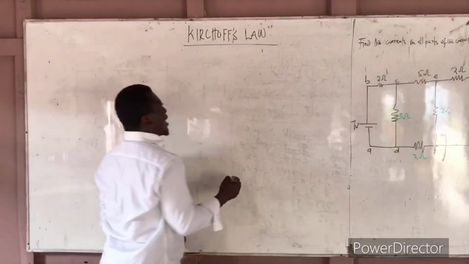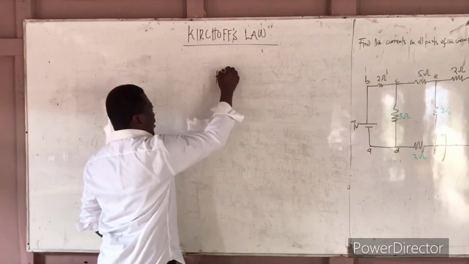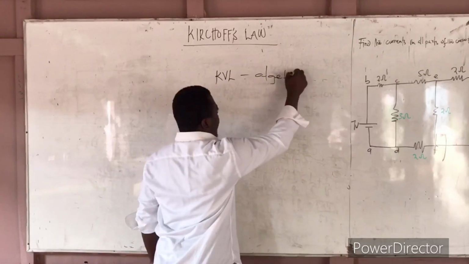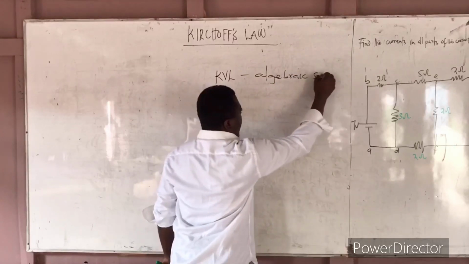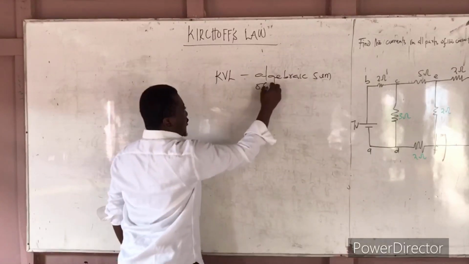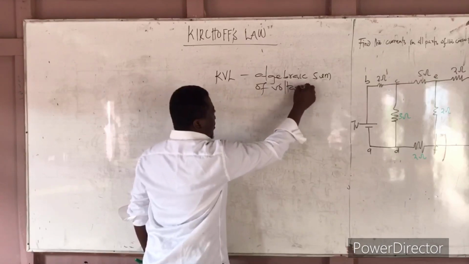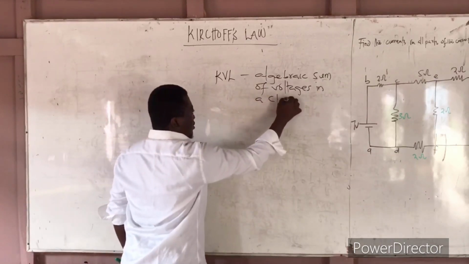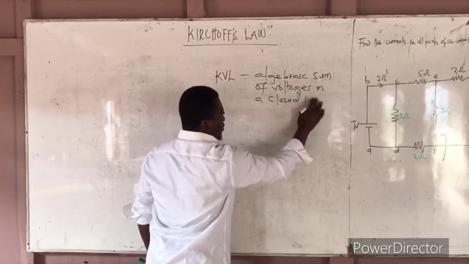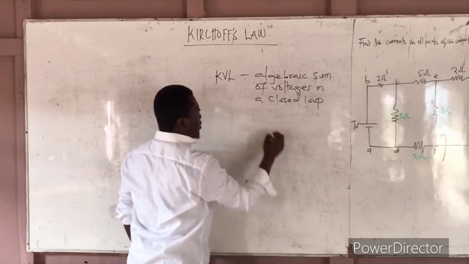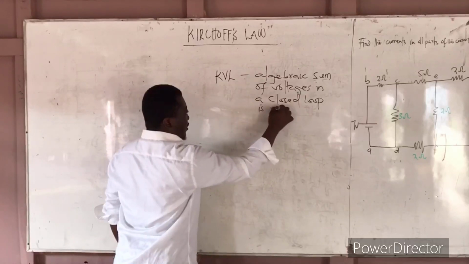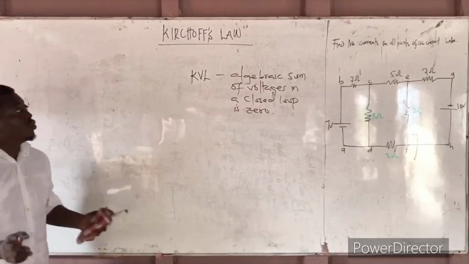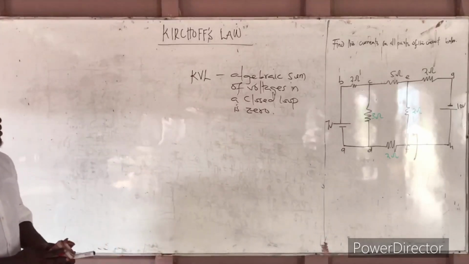The KVL states that the algebraic sum of voltages in a closed loop is 0. So in a closed loop, the algebraic sum of voltages is 0.